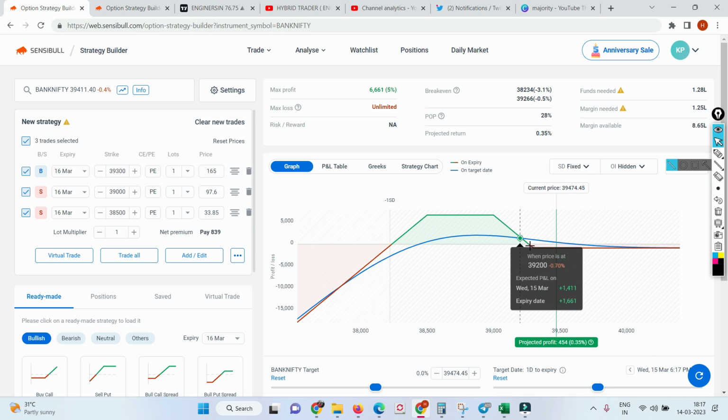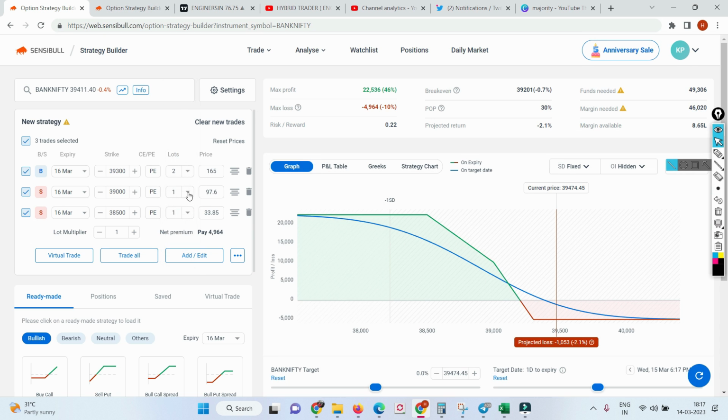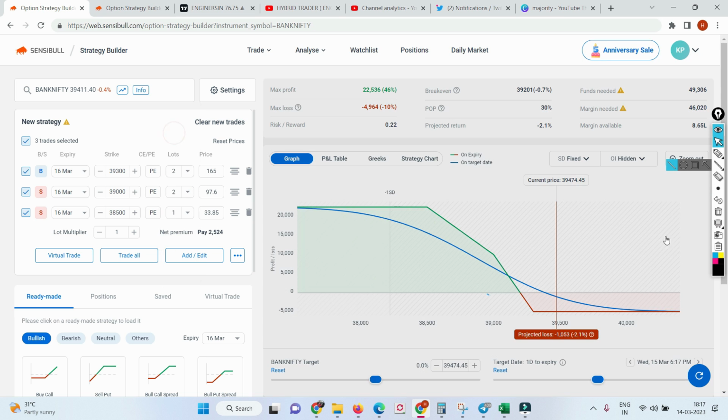Whenever someone wants to go for a ratio spread, they just go for 1 is to 1 is to 1. They do not look at the profit, or at the blue line where exactly your loss will start, or how much safety you have. When you make it 2 is to 2, that's it.